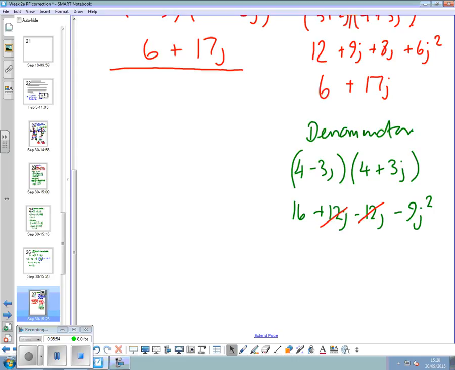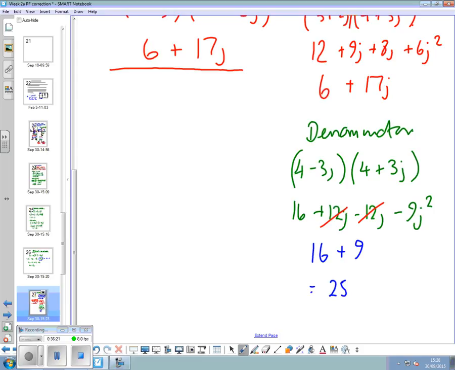Now we've got minus 9 times minus 1, so it becomes 16 plus 9 equals 25. And it is always these two numbers squared and added together.